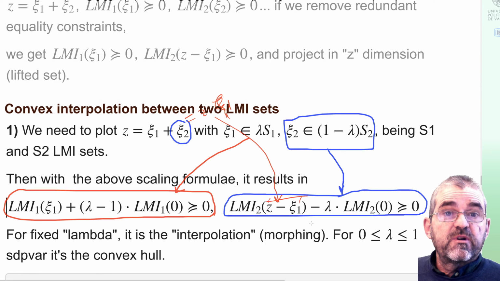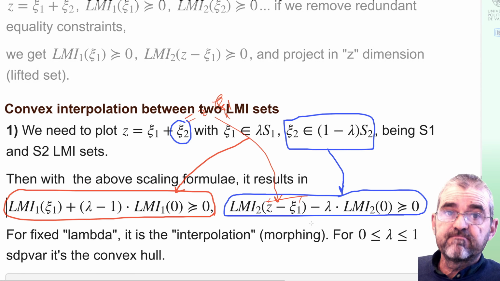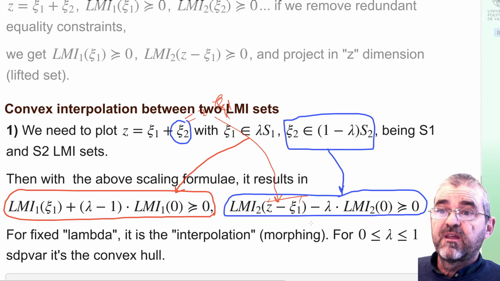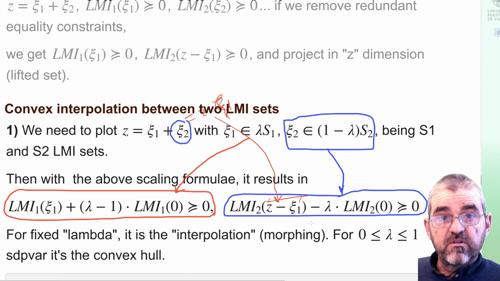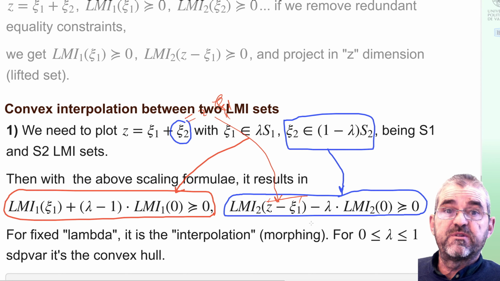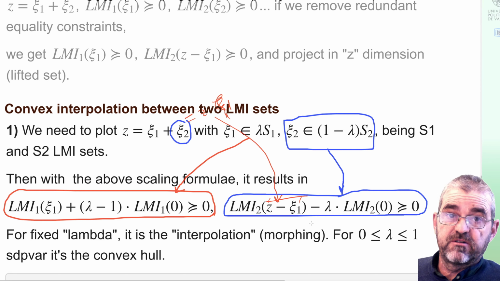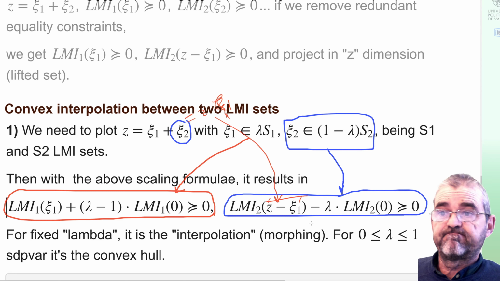So these two LMIs give me the interpolation between two sets, and if lambda is a decision variable, then the union of all these interpolations for lambda between 0 and 1 will be the convex hull of two LMI sets.